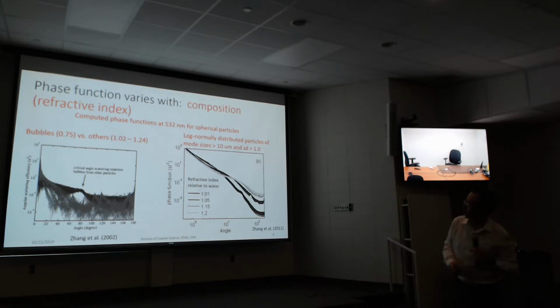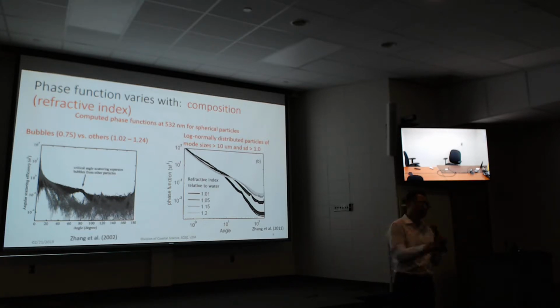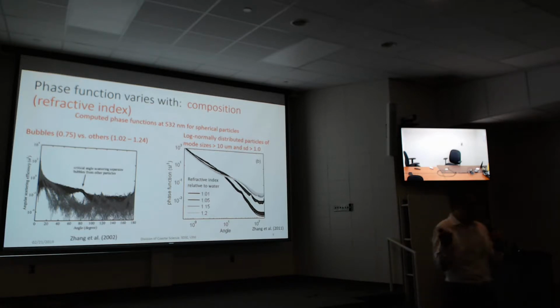What else? It also varies with the composition of particles. We see organic matter, inorganic matter, all different particles, and we also have bubbles and other things. So it varies with what type of particles they are. Here we typically use the refractive index, an optical parameter associated with the composition of the particle. The black line is calculated for bubbles, air pockets in the water, and the gray lines are for any other particle.